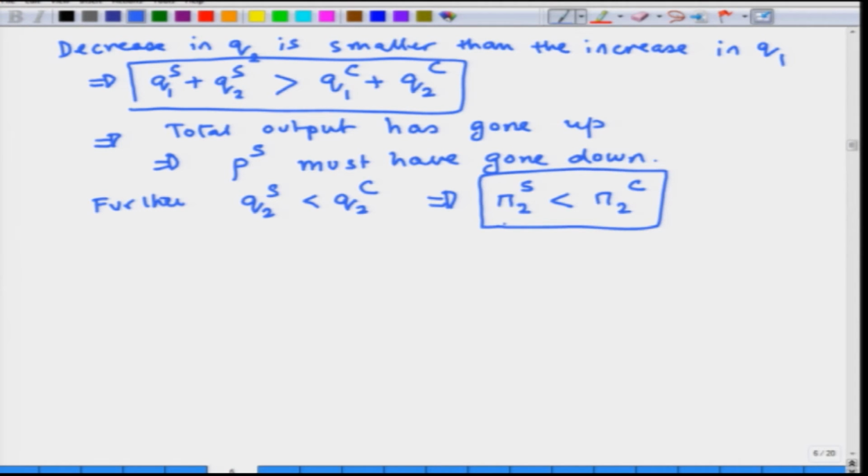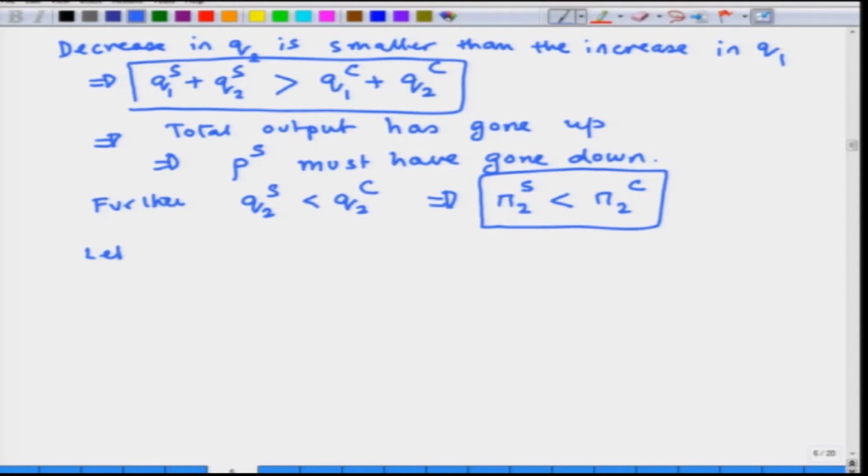So, firm 1, which is the first mover or the leader, by choosing Q1S, which is larger than Q1C, finds that the profit that it earns under the Stackelberg model is larger than that it gets under the Cournot model. Firm 2, which is the follower, ends up producing less than what it would have produced had it moved simultaneously. The total output under the Stackelberg model has increased. So, that has reduced the price, which then implies that firm 2's profit has gone down.